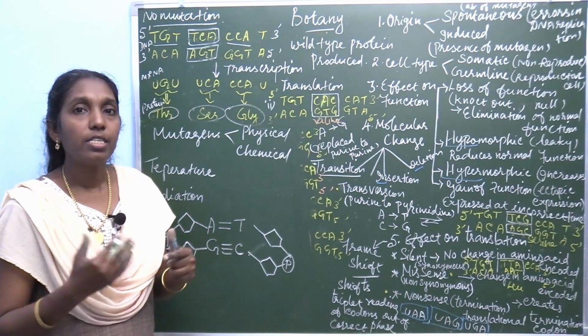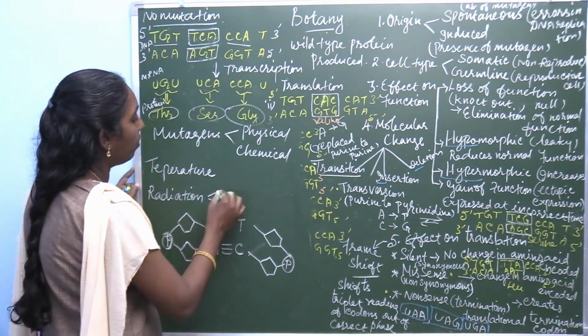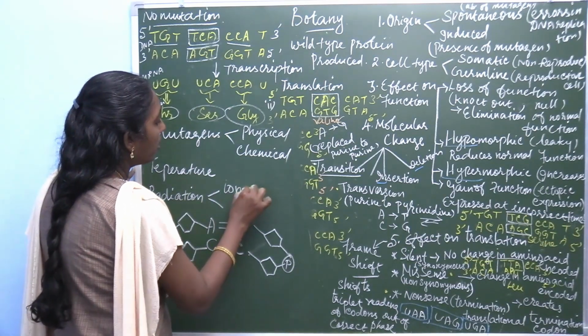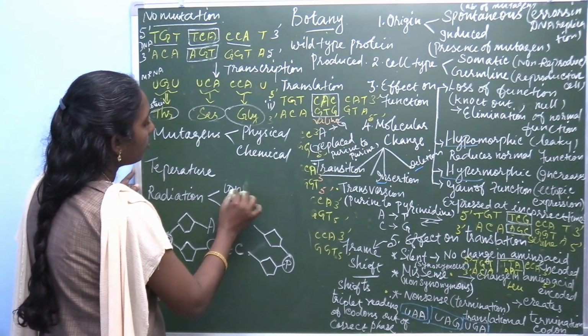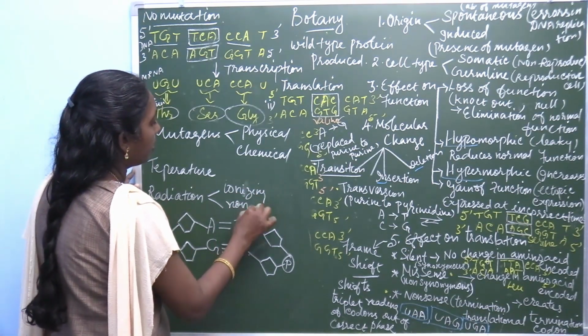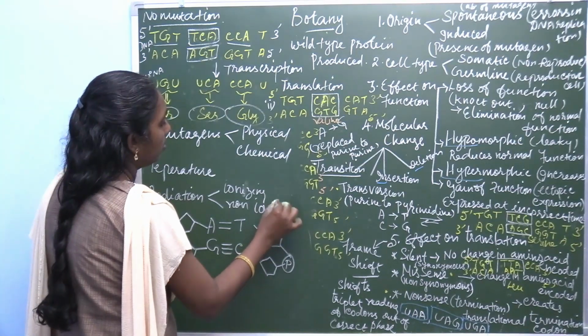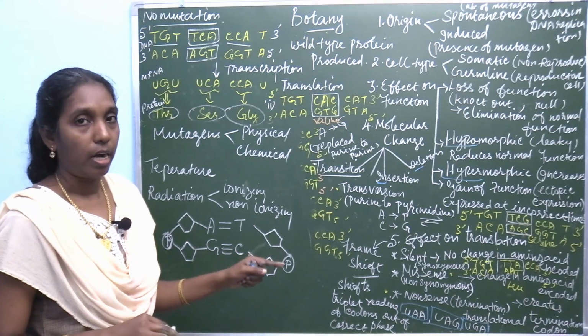Radiation is classified into two types: ionizing and non-ionizing.